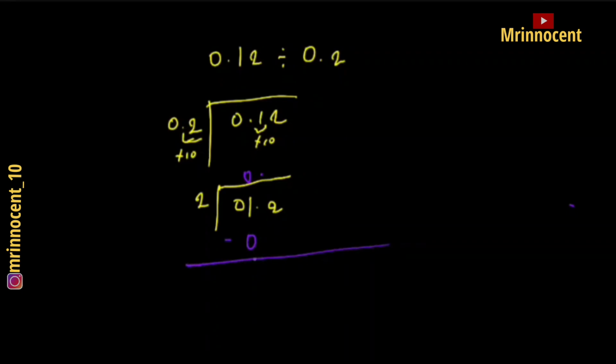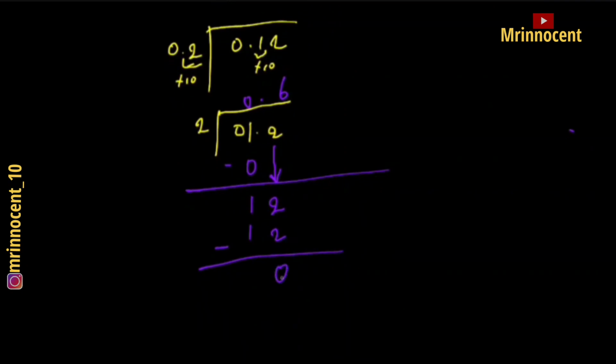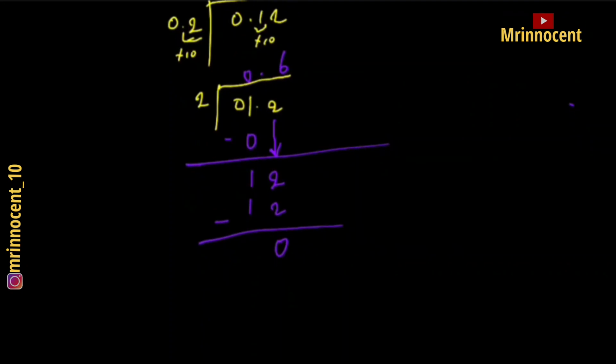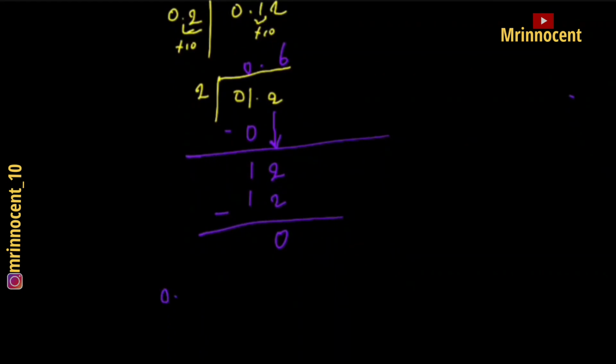So you have 1 minus 0 is 1. 2 divided by 1 cannot, bring down 2. 2 into 12 is 6. 6 times 2 is 12. So when you subtract it, you have 0. So therefore, your answer is 0.6.